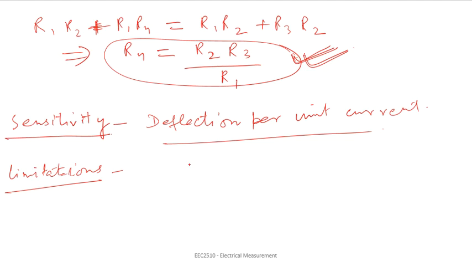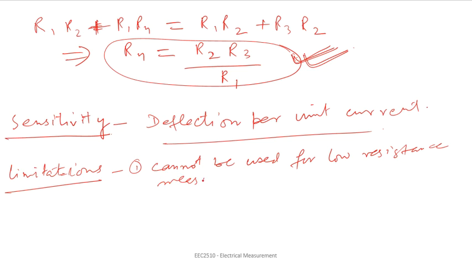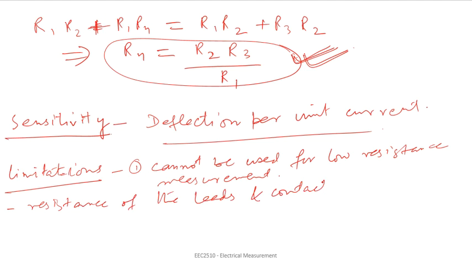So the limitation is that it cannot be used for low resistance measurement, because the resistance of the leads and contacts introduces error in the measurement.